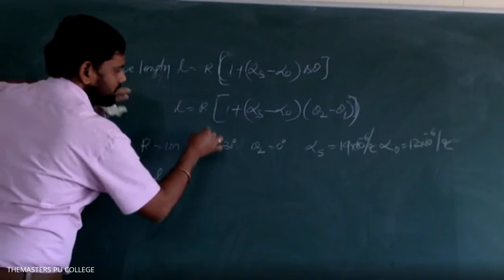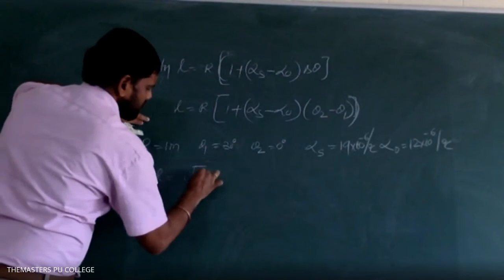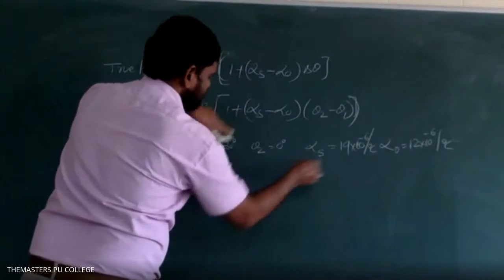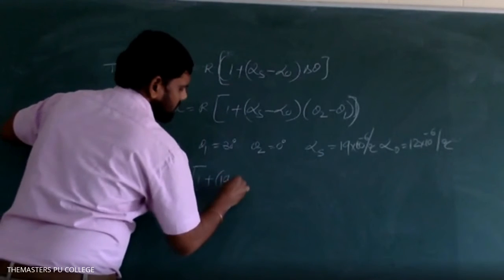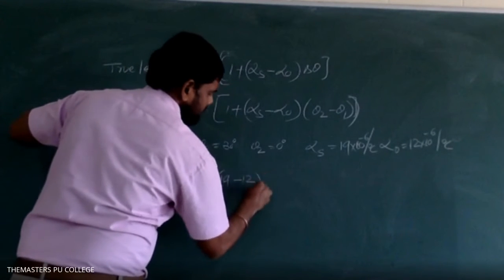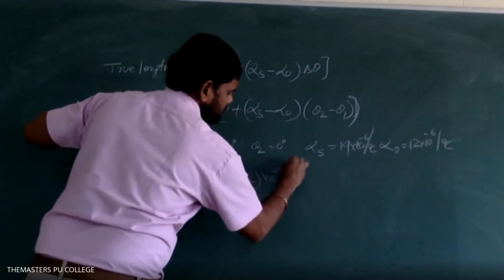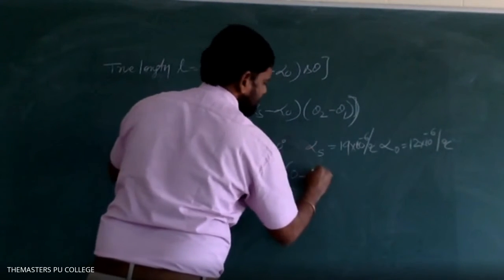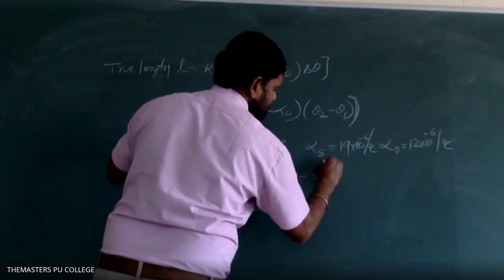True length L equals reading, that is 1, into 1 plus alpha of scale minus alpha of object. So therefore, 19 minus 12, into 10 to the power of minus 6, into temperature difference theta 2, that is 0, minus theta 1, that is 30 degrees.